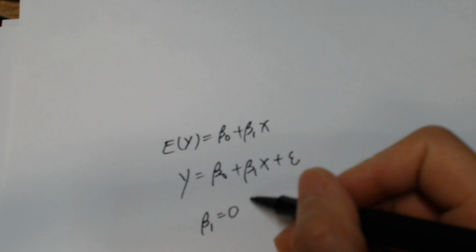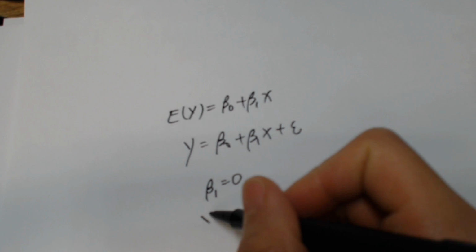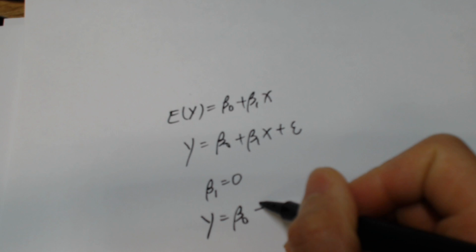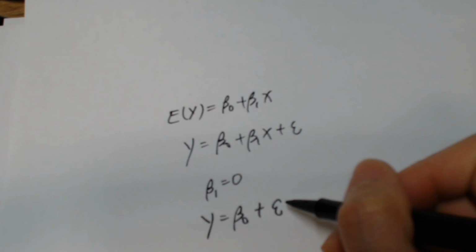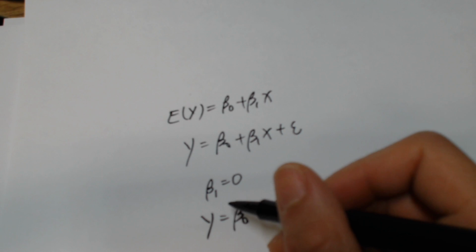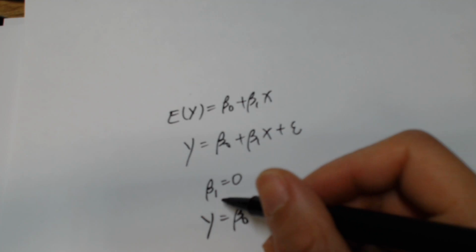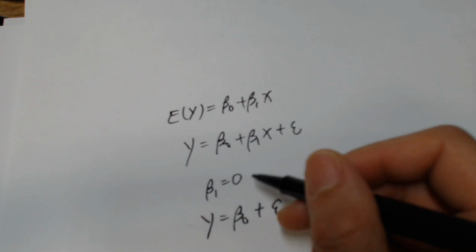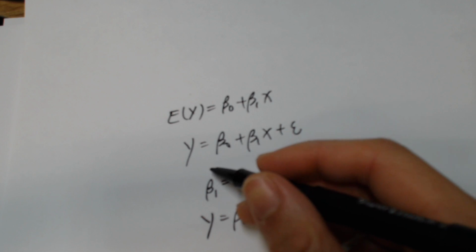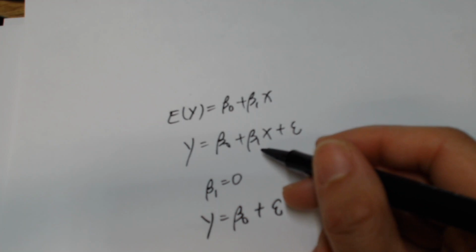Because if beta 1 equals 0, y basically equals beta 0 plus error term. So no matter how x changes, y won't change. In other words, if we prove beta 1 is 0, that means x won't affect y. That's basically what we try to test.